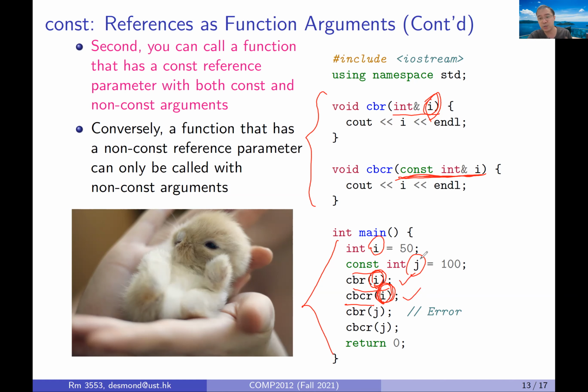All right. Next. J is const. Can we pass something const to something non-const? Your turn. No. Why? We lower down the level of protection. Originally, it's const.